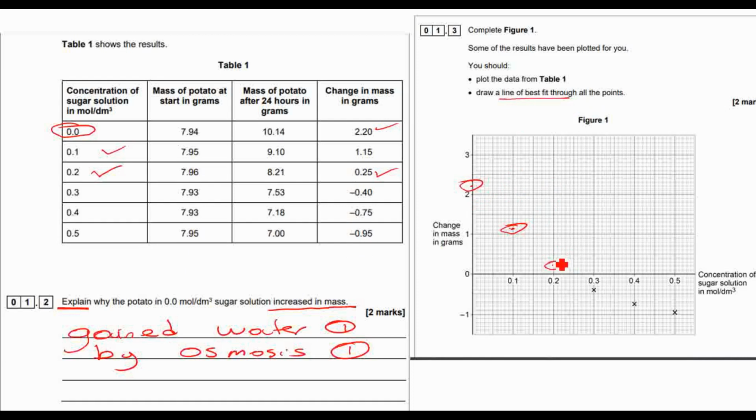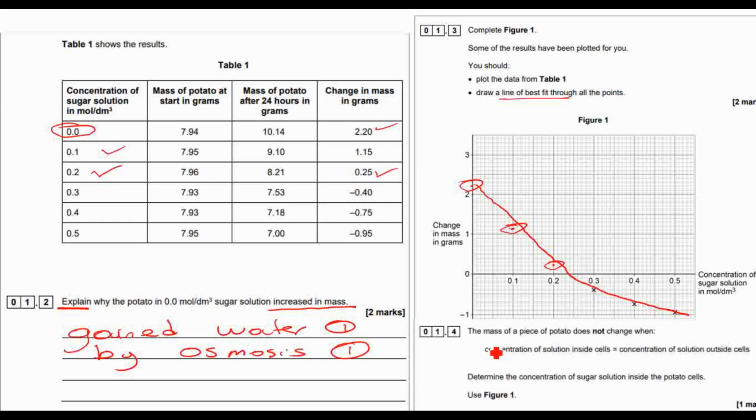Okay, so a line of best fit doesn't have to be a straight line. My line of best fit can be a nice smooth curve. Okay, good. In this scenario, yeah, that's more looking like a curve to me.